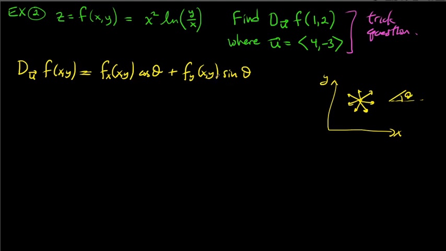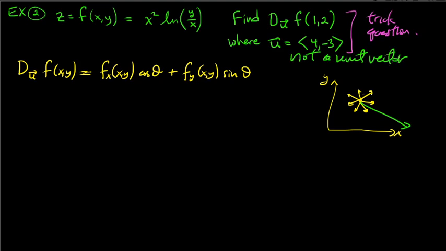However, the problem is that the u here might look something like this. Oh, for -3, sorry, wrong direction. Something like this. So what's the problem? It's not a unit vector. It doesn't have norm 1.